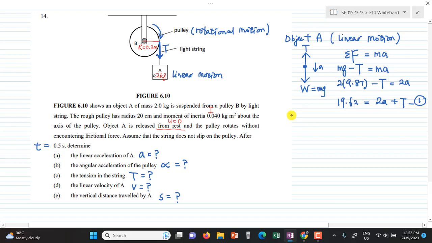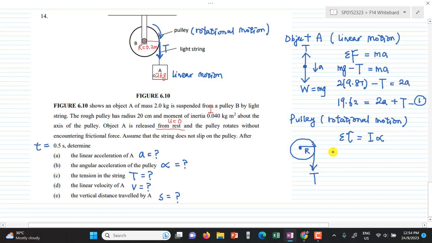So doesn't matter, we have another object, the pulley. So we consider the rotational motion for the pulley. Tangential to the pulley, we have tension in the string, at a distance r from the axis of rotation. So this tension creates torque. So apply Newton's second law for rotational motion: summation torque equal to I alpha.